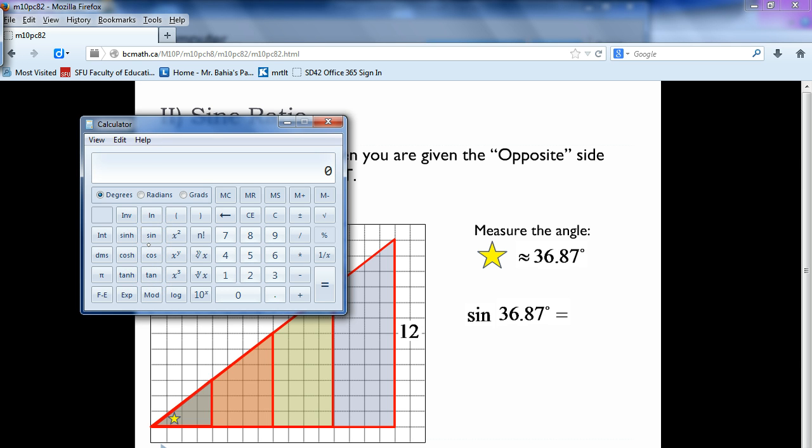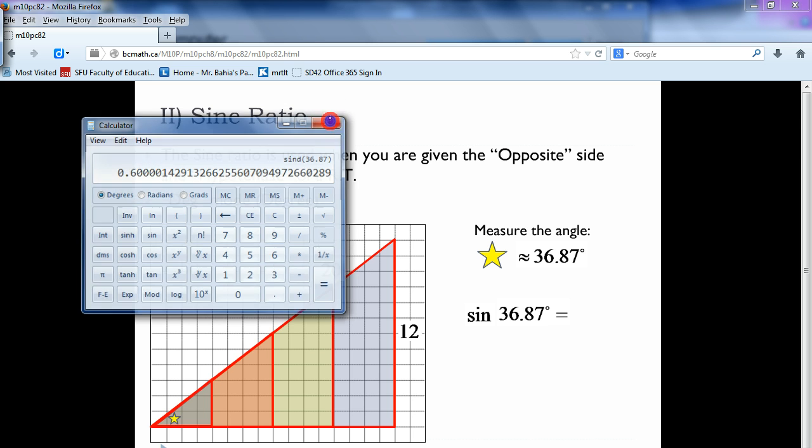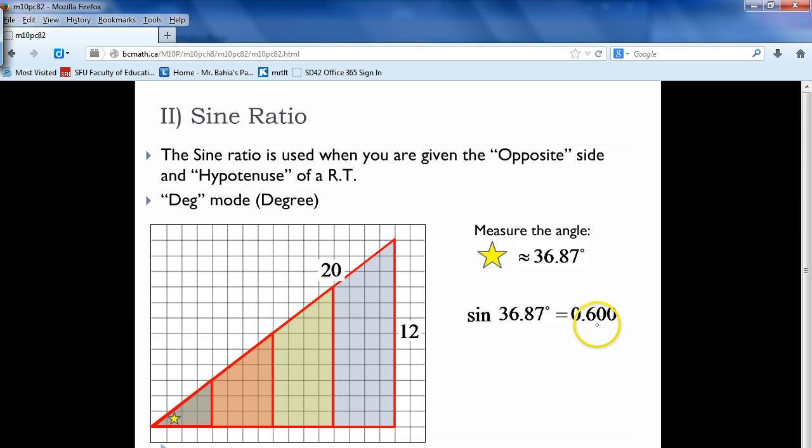Depending on your calculator, you punch the number in first or the button. On my calculator, I punch the number in first, 36.87. Sine gives me 0.6, which is the exact same as the ratios of all these triangles.